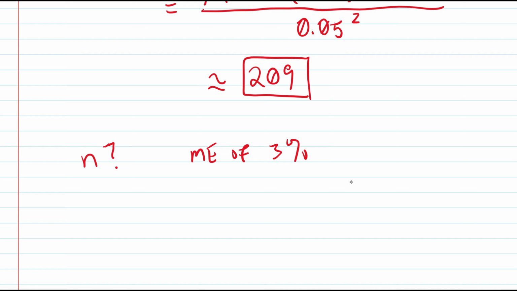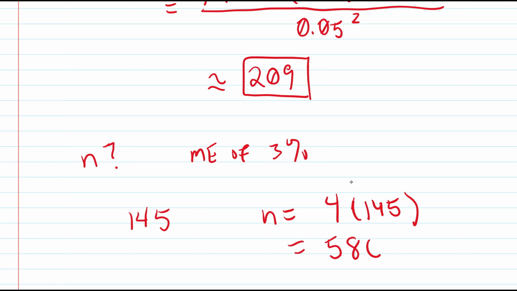So you quadruple the original sample size, 145, to find the required sample size to produce a margin of error of 3%. So there we have n is equal to 4 times 145, and then we get a value of 580.